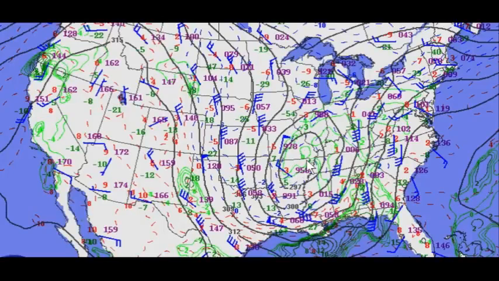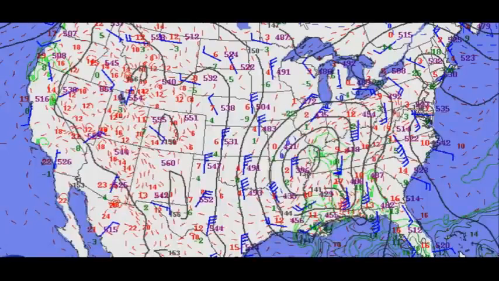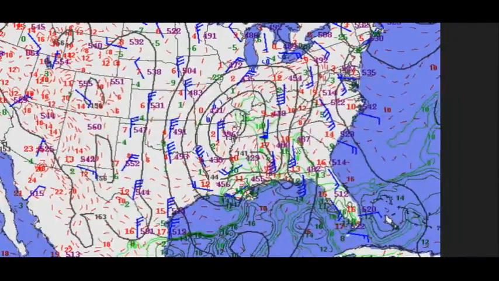700 millibar chart showing the mid-level low across northern Arkansas this morning and southern Missouri there. And then at 850 millibars, this is where we look for the moisture. And the values that we're seeing here, dew points at 850 millibars, 5,000 feet.